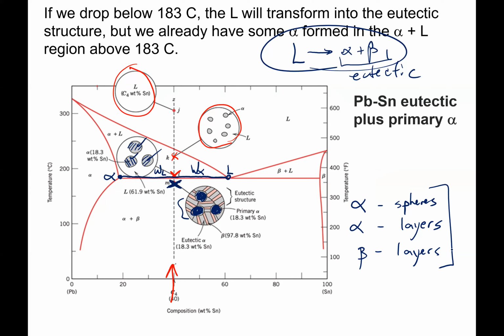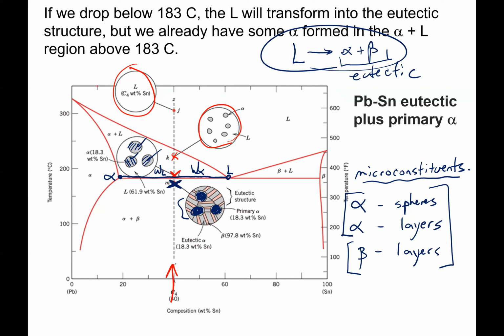So I have different forms, different shapes of my two phases. Now, overall, the alpha, whether it's in the sphere or layer, and the beta have to still give me the correct weight fractions as the tie line would tell me. But these are called microconstituents. Okay, it's just referring to the shape, essentially, of the phases that are there.